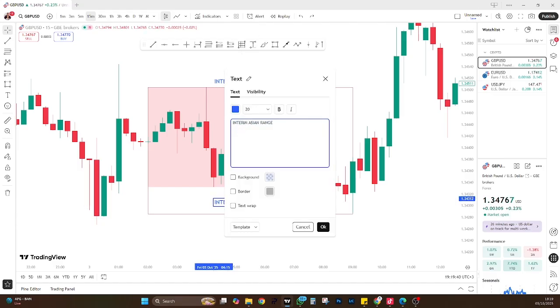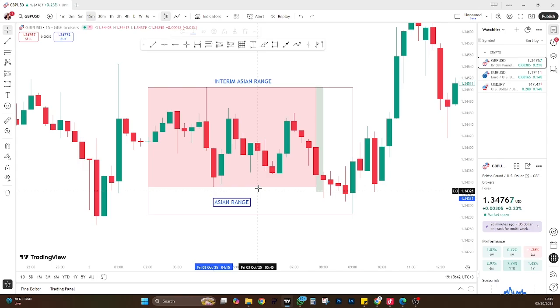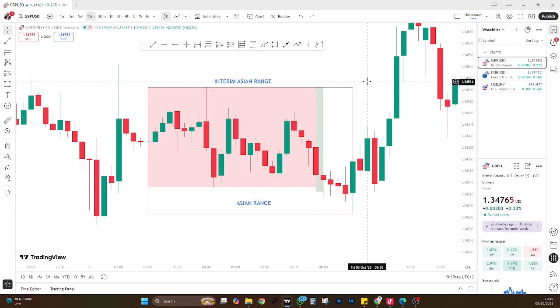Don't worry, I want to make sure that this is as easy as possible. So this whole box here, this is what we call the Asian ridge, 2 a.m. to 9 a.m. East African time.